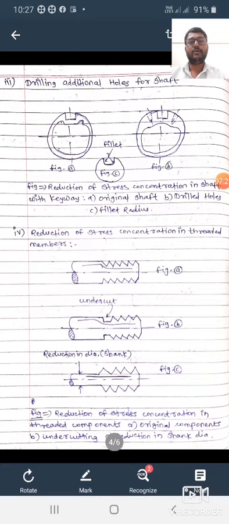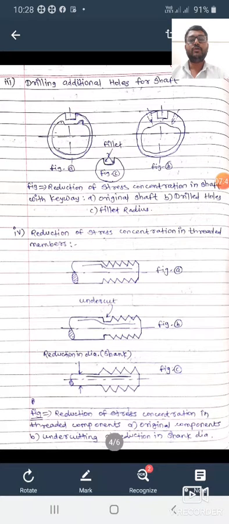Next method is drilling additional holes for a shaft. Figure A shows a normal shaft, that is the original shaft having a keyway, due to which stress concentration occurs.